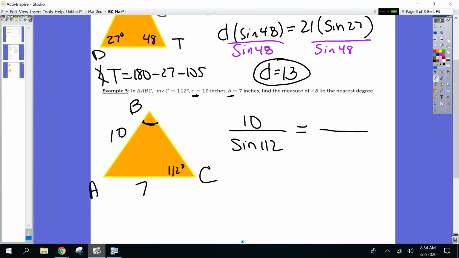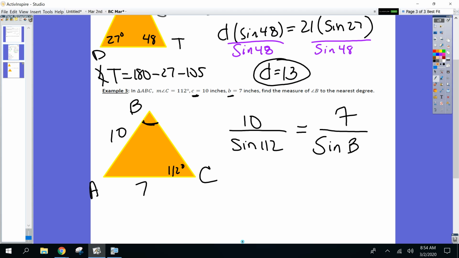All right. What do you think I'm going to put over this? Not just x. It's got to be sine of the variable. I'm going to put a b in because I'm looking for angle b, but you can put x in too. But it's got to be attached with the sine. All right, ready? Let's see if we remember anything from last week.